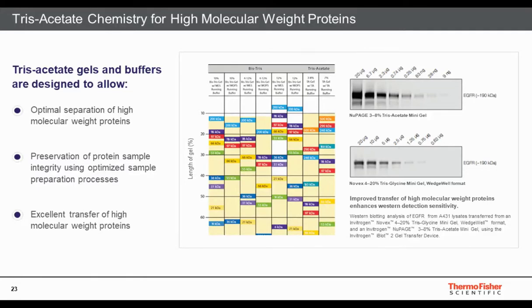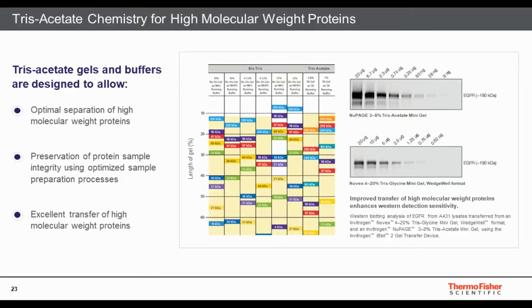Since a Tris-Acetate gel can separate the high molecular weight proteins better, it is able to move these bigger proteins more towards the center of the gel, and they are not all stacked at the top near the stacking gel, which significantly improves the transfer efficiency.